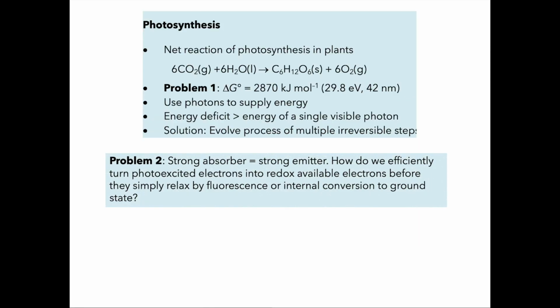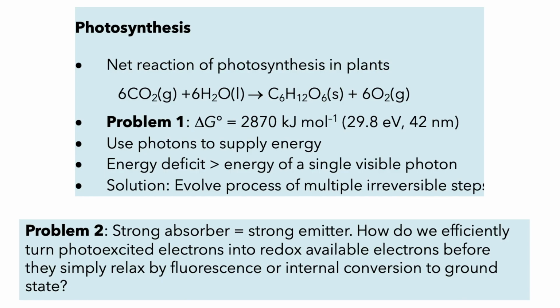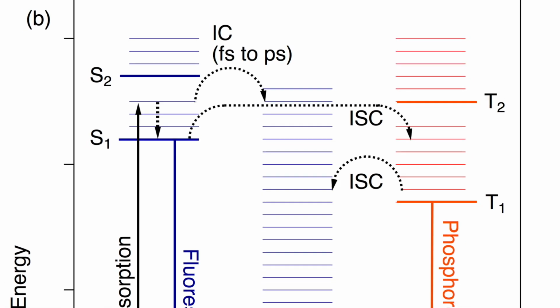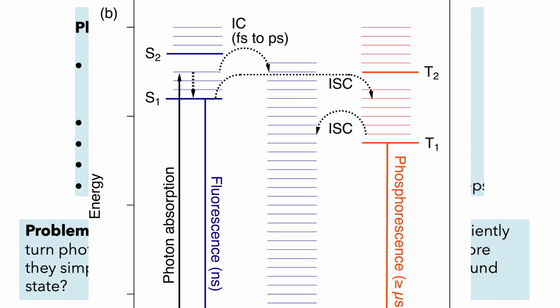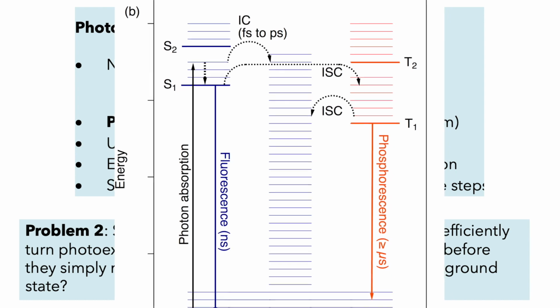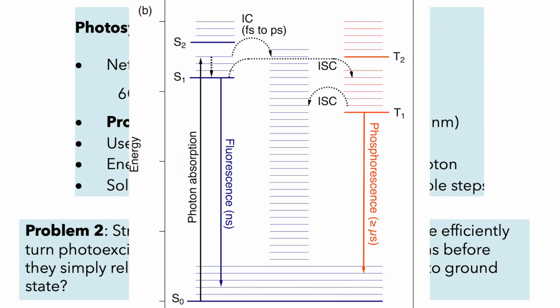Now the next problem is we need a strong absorber of light, but a strong absorber of light is also a strong emitter of light. So how do we efficiently turn photoexcited electrons into redox available electrons before either the electronic excitation simply relaxes by fluorescence or internal conversion, or we lose the electrons altogether?